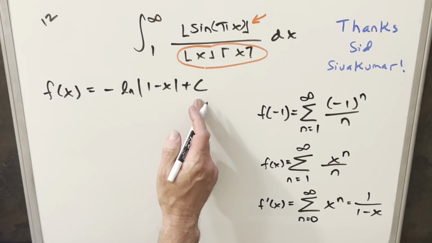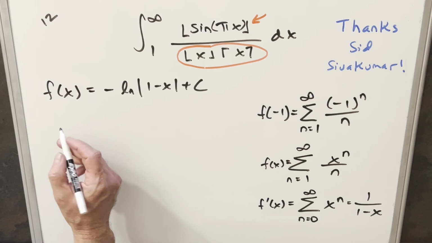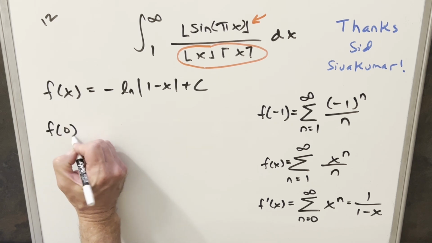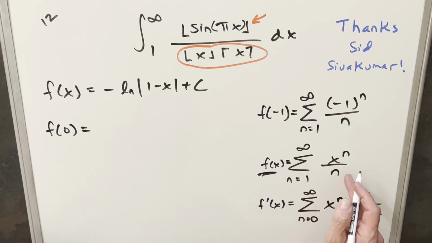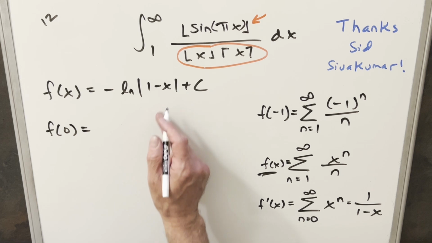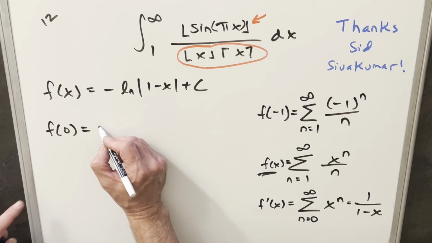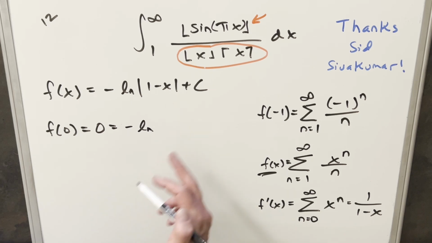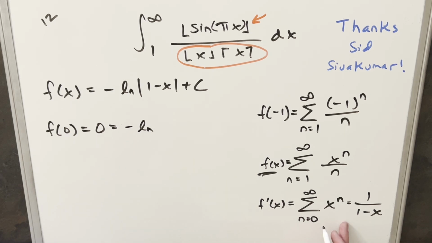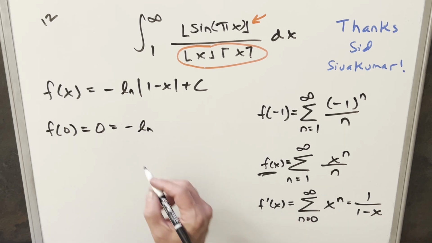Now from here, in order to deal with the plus c, we can use a known value like f of 0. Coming back here, this is our f of x too. If you plug 0 in here, every term's 0, so the whole thing's going to be 0. So we know that f of 0 is going to be 0. We'll plug it in here, minus natural log. We don't really need absolute value because for this to converge, our x values need to be between 0 and 1 here.